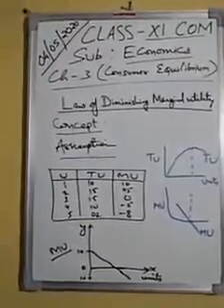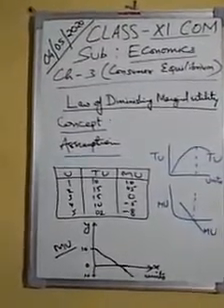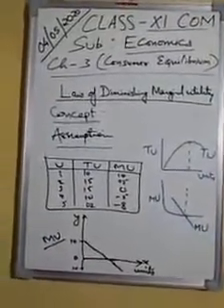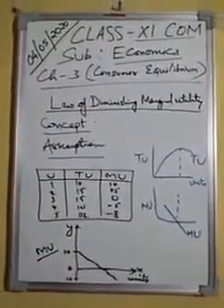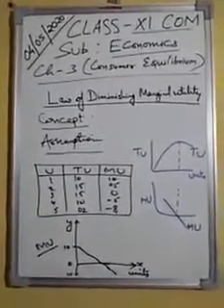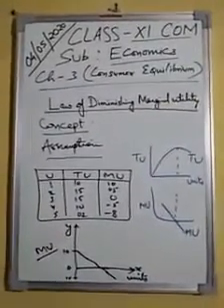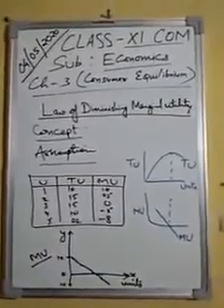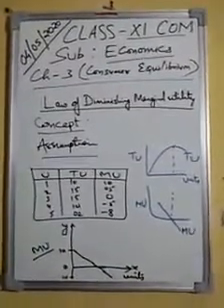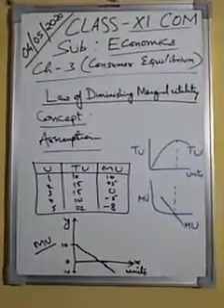So the next topic is assumptions. Assumptions means those conditions in which this law is applicable. There are 8 assumptions of this law. First, the consumer should be rational. He or she should be normal, not abnormal.